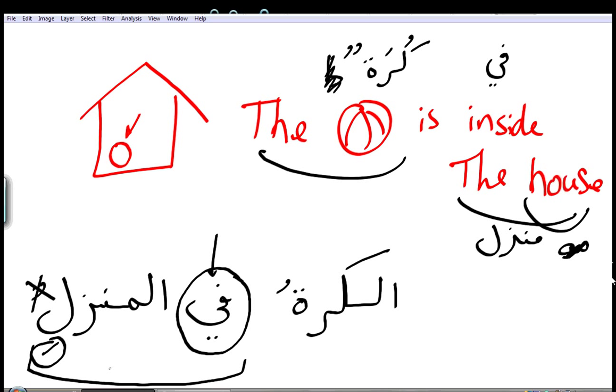Al-kuratu fil manzili. If you're saying the thing is at, you also say fi, well, not always fi, but fi works. So al-kuratu fi al-manzil, the ball is inside the house.